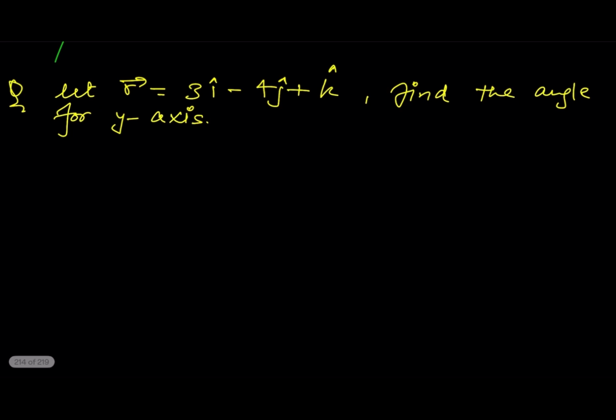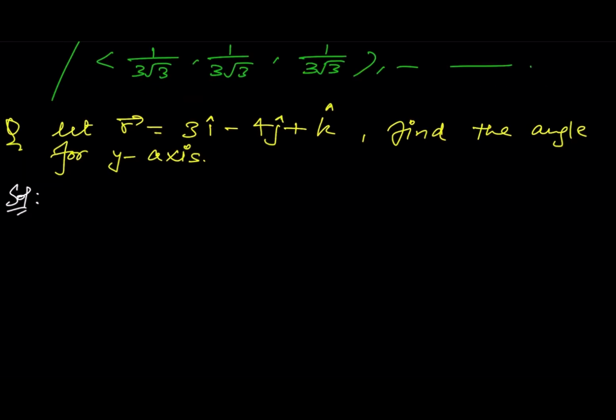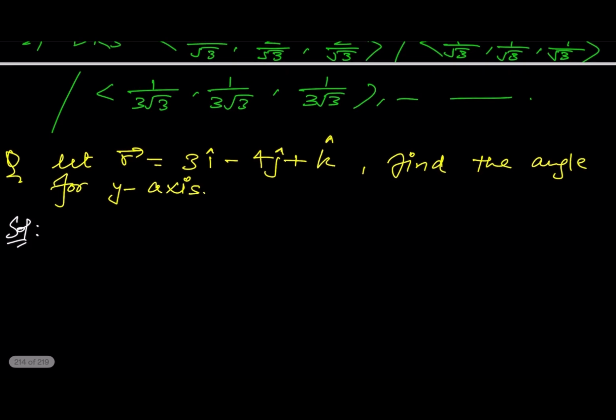That means we have to find the angle which vector r is making with the y-axis. So first of all, we have to find cos alpha.